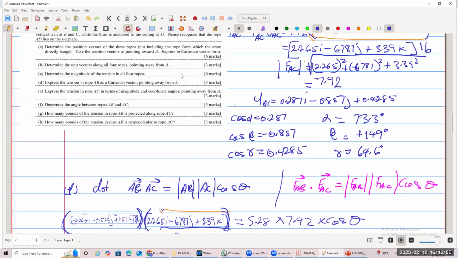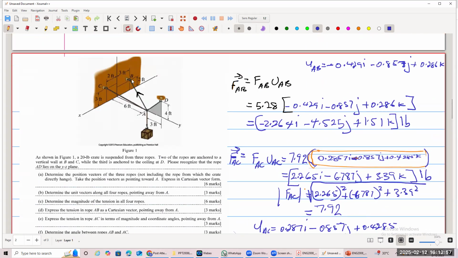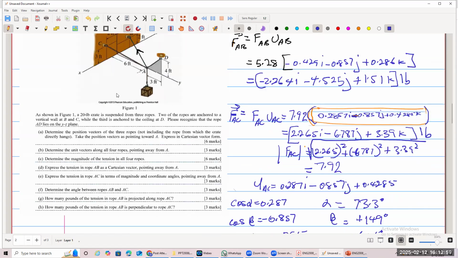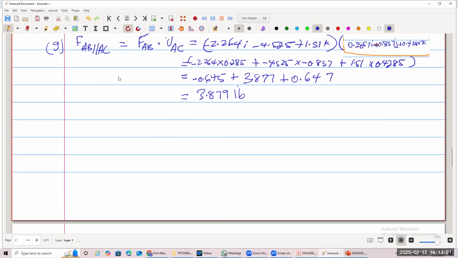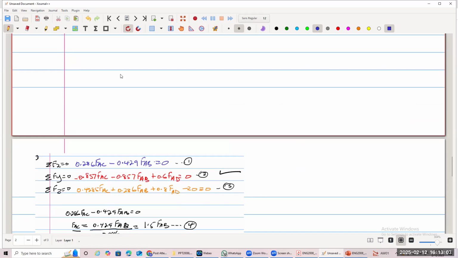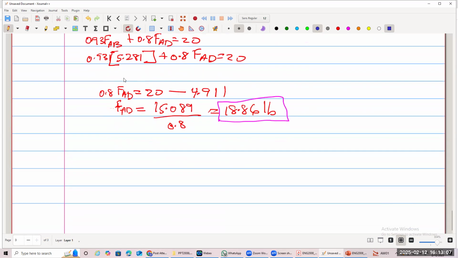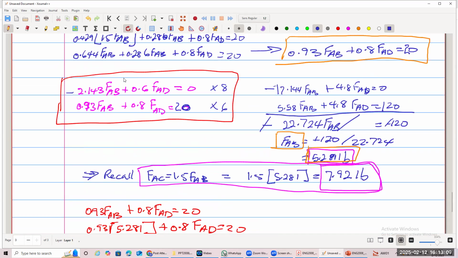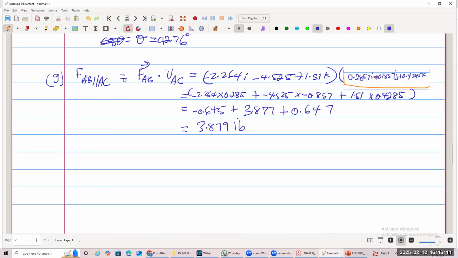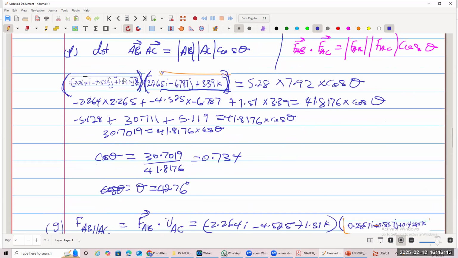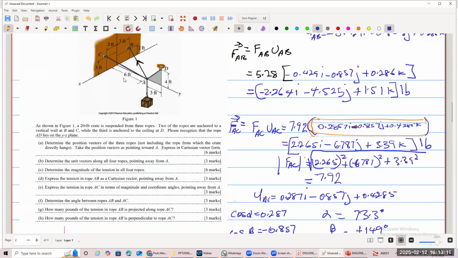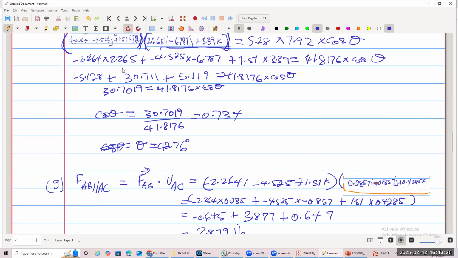Let me look at the diagram. So you have AB projected onto AC, right? Once it's talking about perpendicular, you already have the parallel value. How did I end up back on this page? How come my page ended up in the middle?